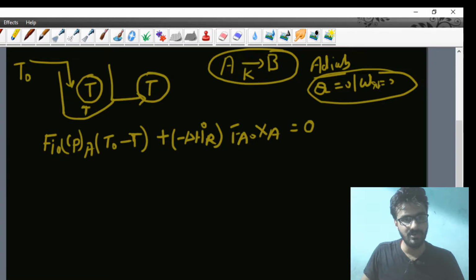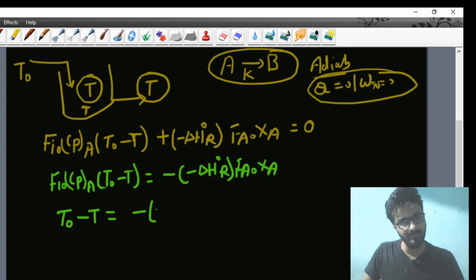T naught minus T is equal to minus of minus delta H naught of R, F A naught X A. So if you calculate T naught minus T, that is equal to minus of minus delta H naught of R, F A naught X A upon F I naught C P of A, because the only reactant here is A. This is a unimolecular reaction.